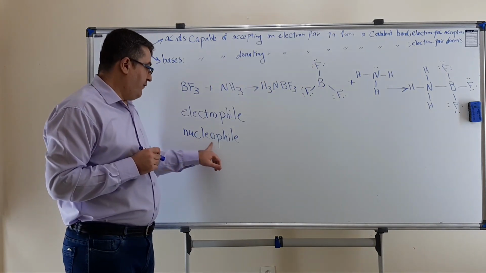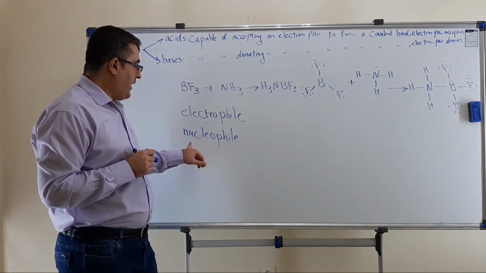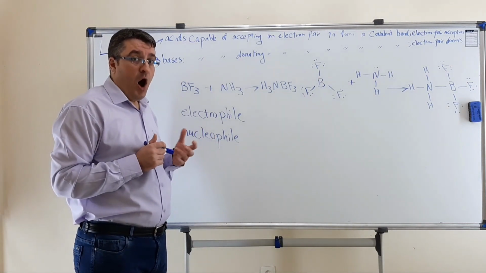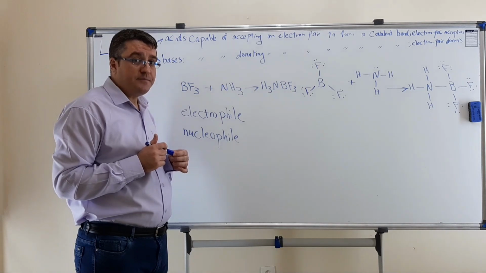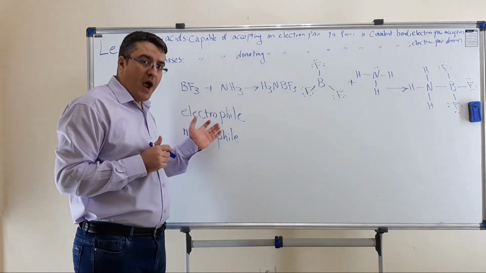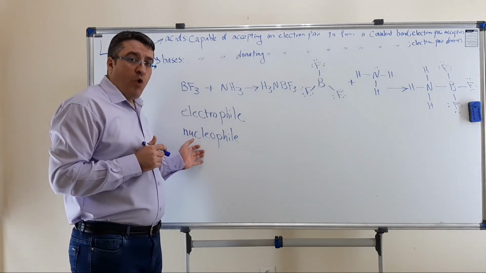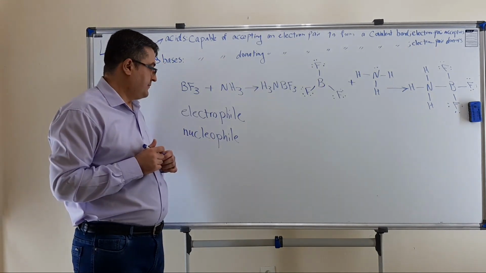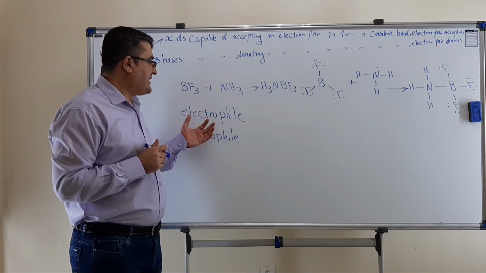And a nucleophile or a nucleophilic reagent is a reagent that forms a bond to its reaction partner, to an electrophile, by donating both bonding electrons to that reaction partner.